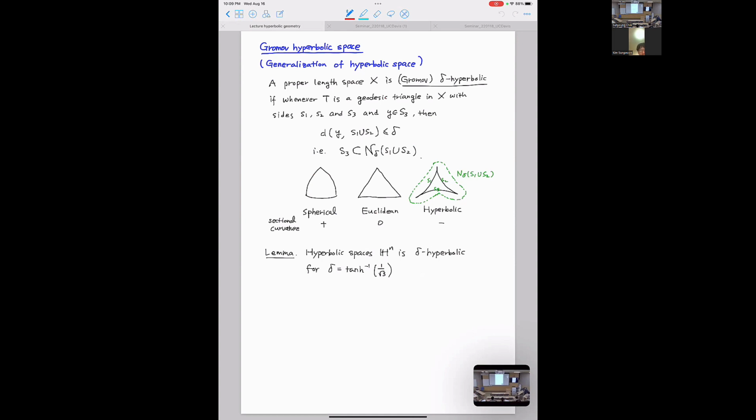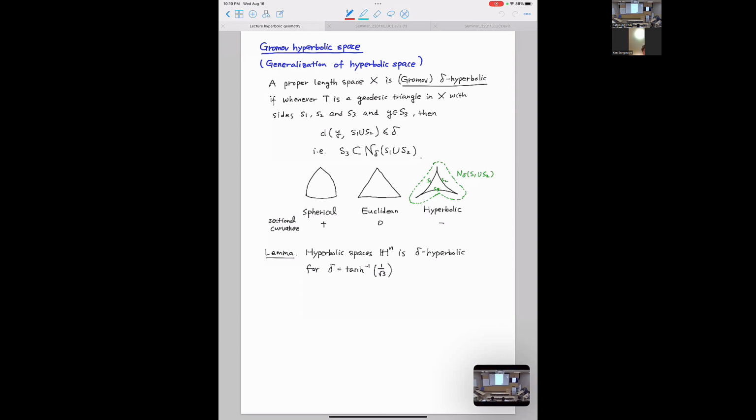This generalizes the notion of hyperbolic space, as suggested by Gromov. Gromov wanted to collect the key properties of hyperbolic space, and then generalize this to metric spaces.